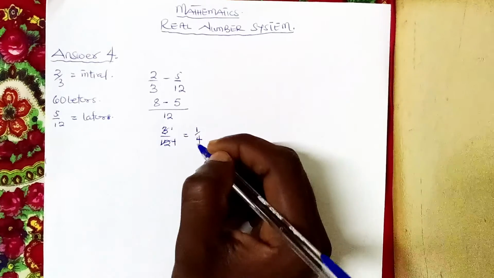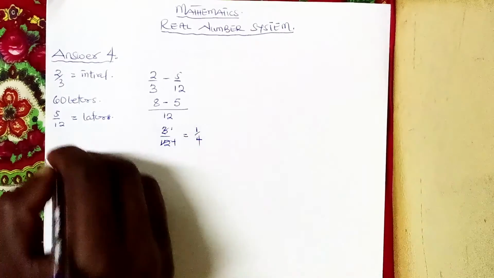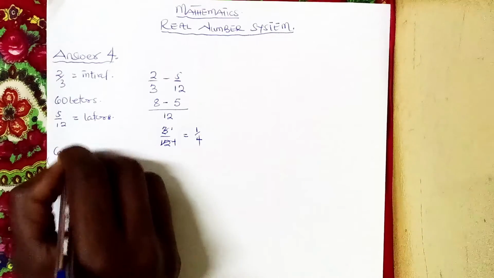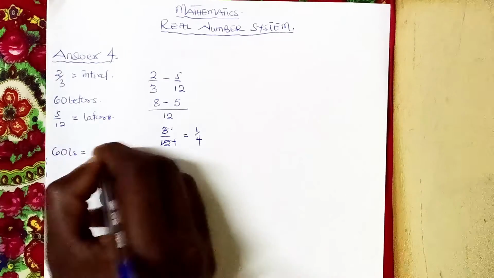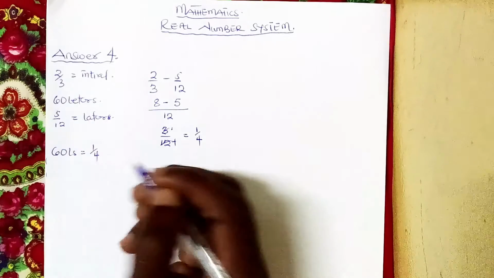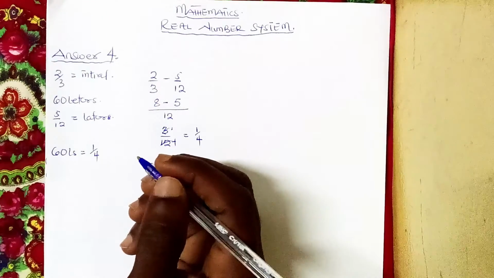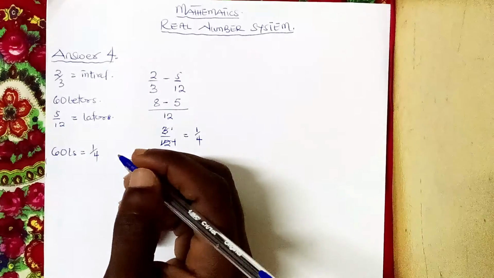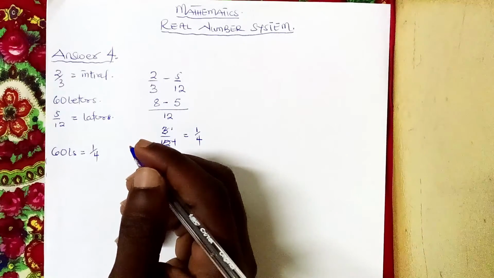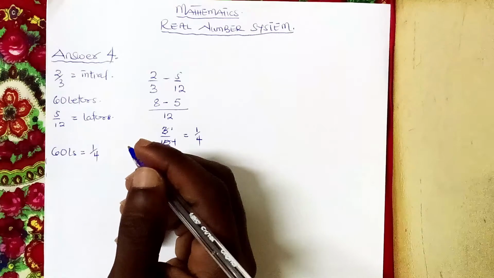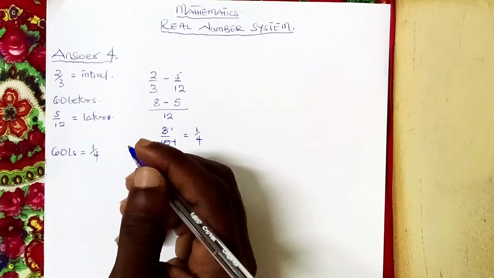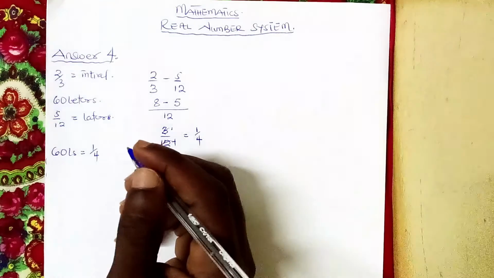So it shows that the 60 liters is equal to 1/4 of the water. So hence you can equate this 1/4 to the whole amount of water in fraction to get the amount of water it requires in liters.